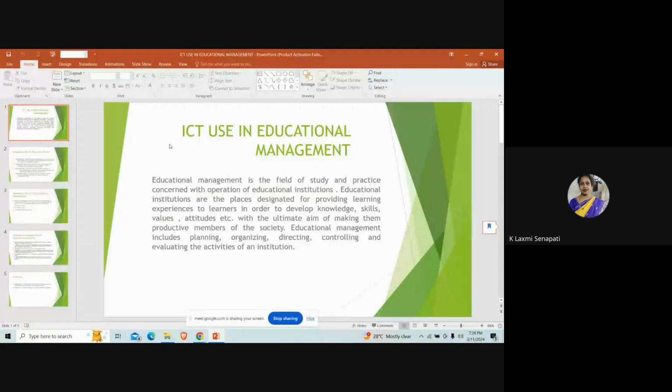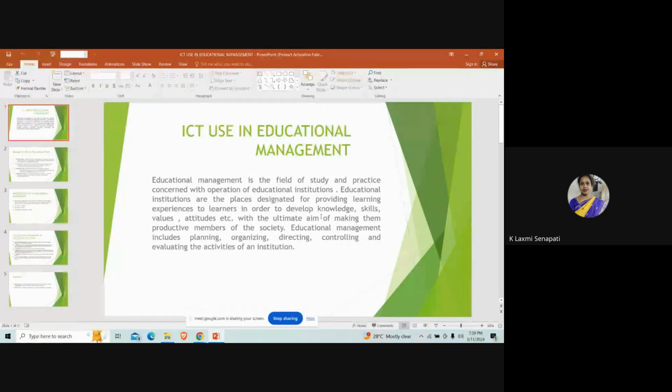First of all, you see ICT used in educational management. Educational management is the field of study and practice concerned with the operation of educational institutions.